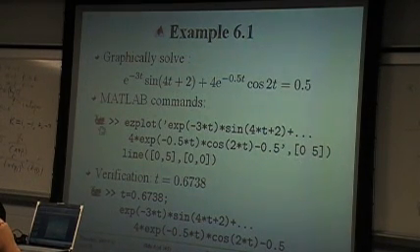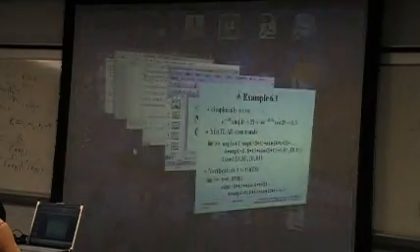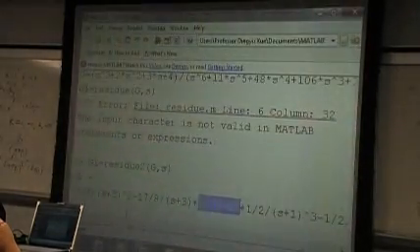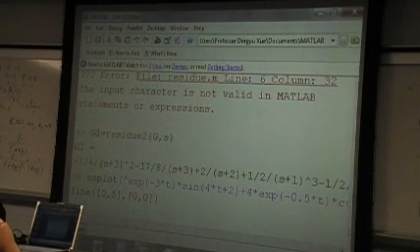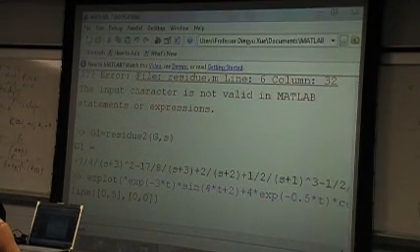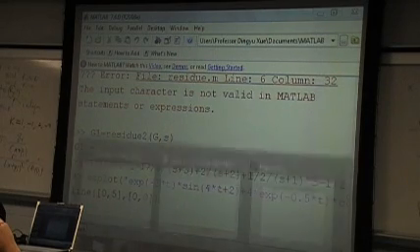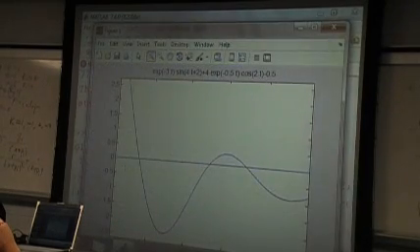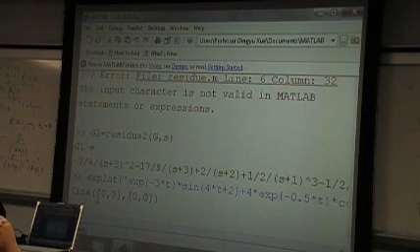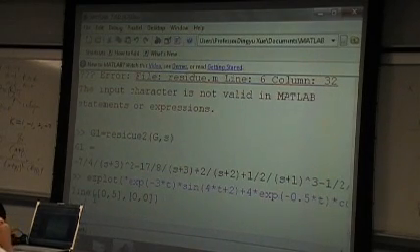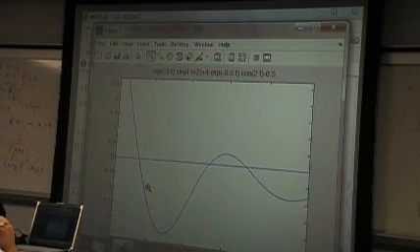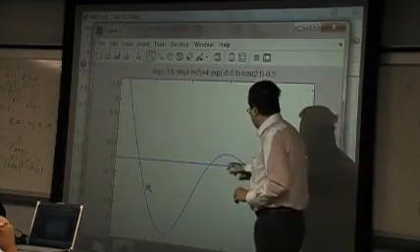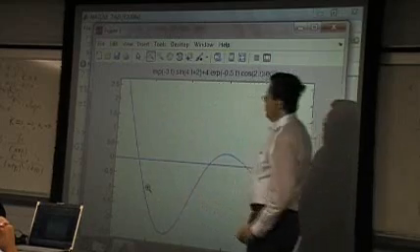So we can use this command to draw the curve, and then we use the command line to draw the horizontal line, the X-axis. So in this case, we say that these are the solutions to the original problem.